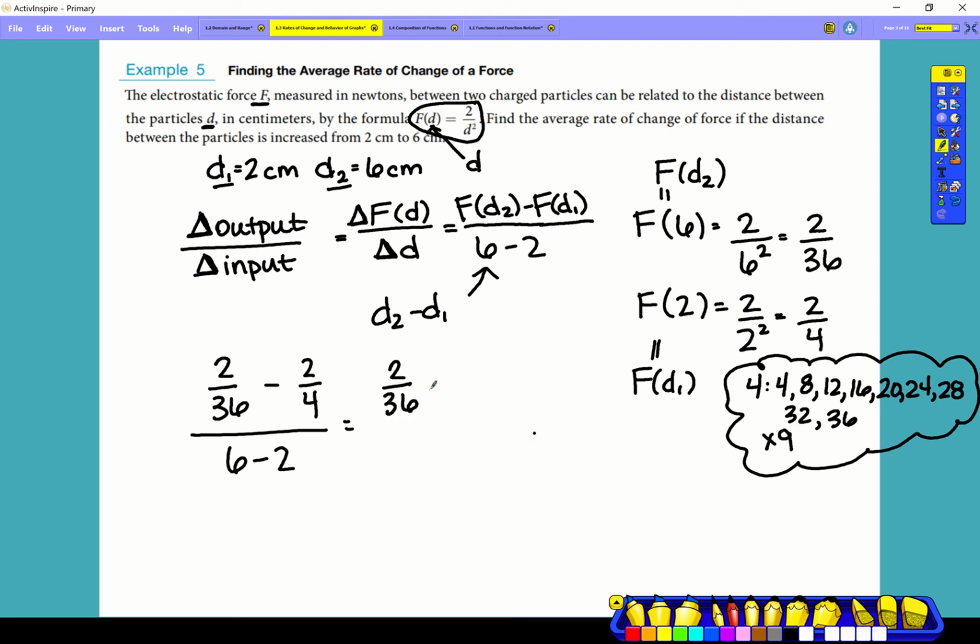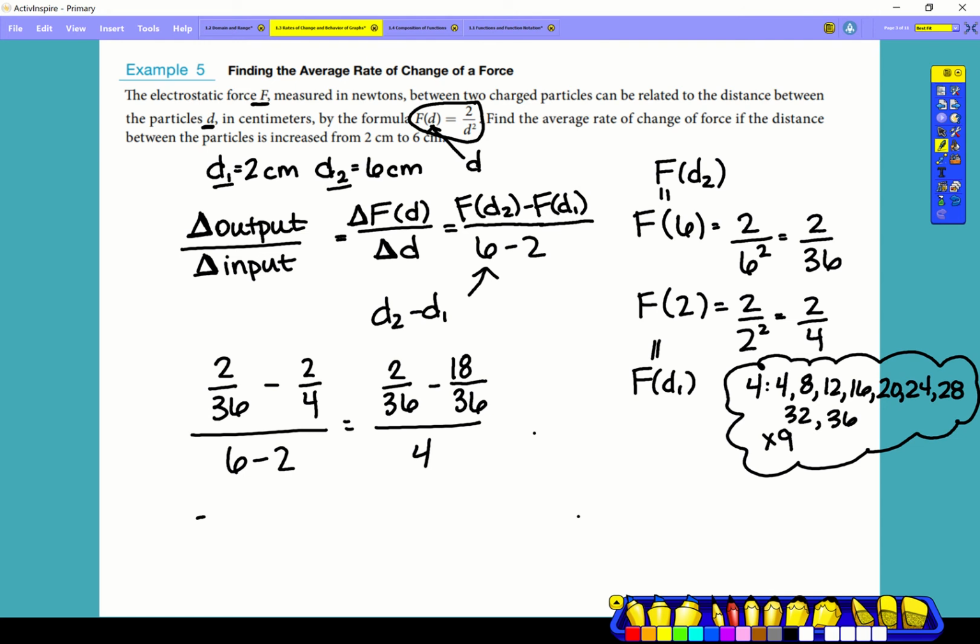So that means that I can multiply 2 over 4, both of them by 9. I'm going to go ahead and do 6 minus 2. Okay.